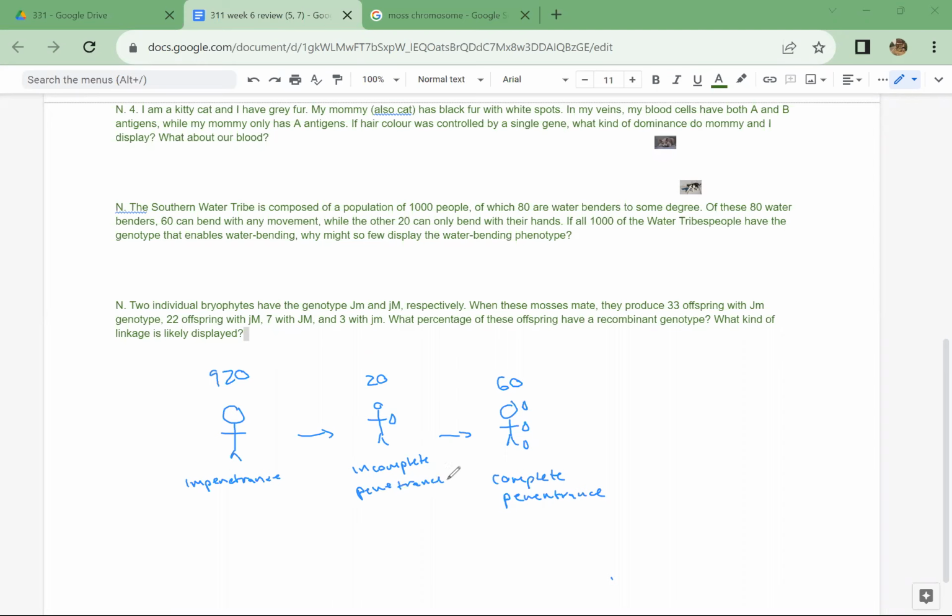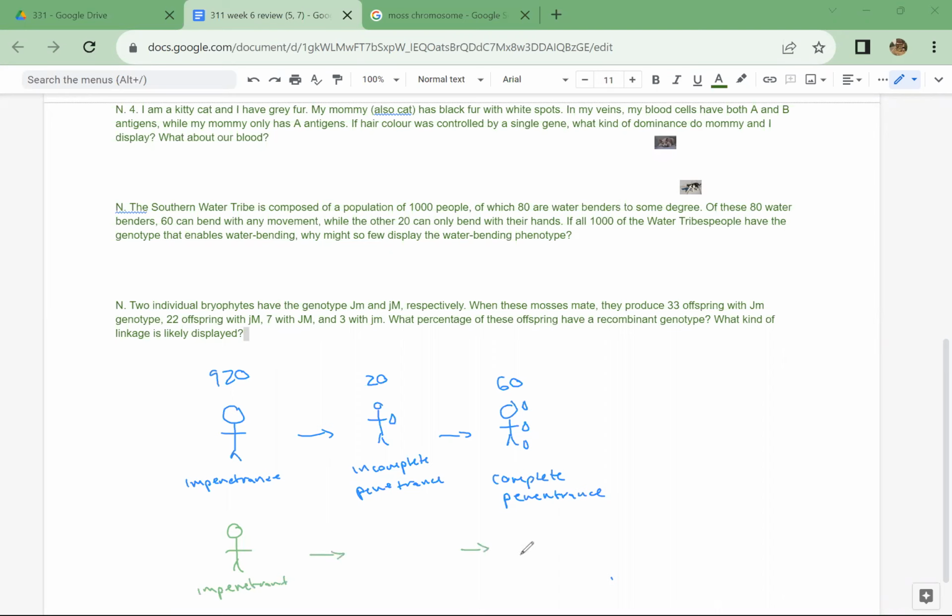And a more straightforward example of this is, for example, if instead of a gene for water bending, you had a gene for a third arm, where the impenetrant condition, even if you had the genotype for the creation of a third arm, would be where you just don't have a third arm. You only have two arms.